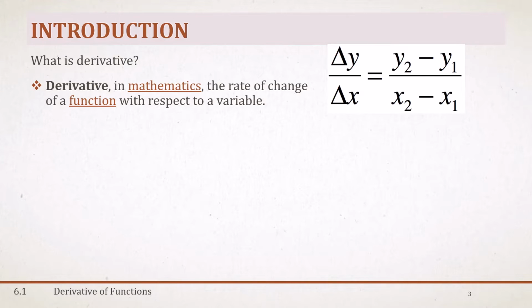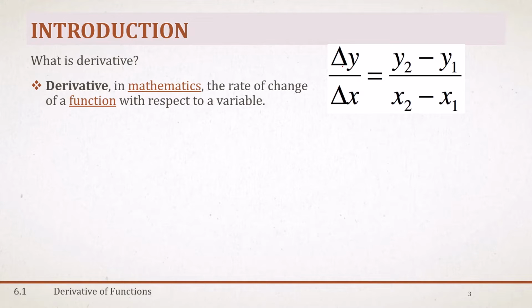So actually, what is the introduction? What is a derivative? A derivative in mathematics is the rate of change of a function with respect to a variable. In mathematics, normally for the rate of change we use the delta. So what is a delta?